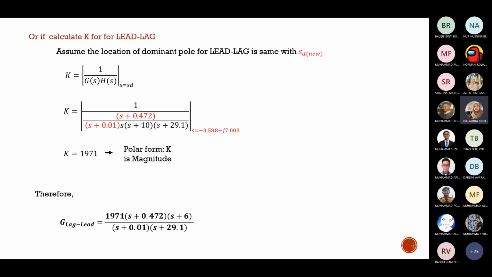Or if we calculate the value of K for the compensator, you need to include the transfer function of the lag, and 29.1 here from the lead. So actually, we also have the zero at plus 6. And for the system, we also have the pole at plus 6. Because we cancel these two, that's why the equation will become like this.